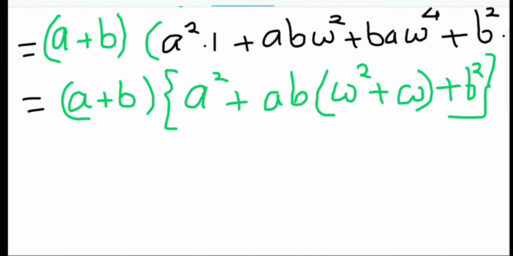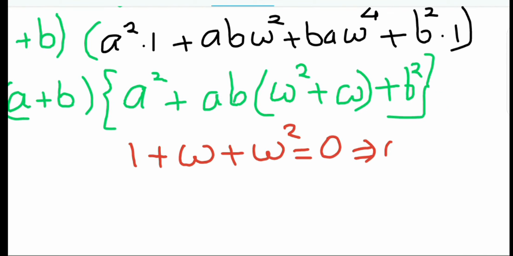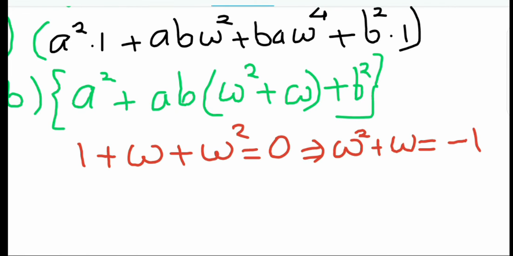Now lastly, we know that 1 plus omega plus omega square equal to 0. That gives us omega square plus omega equal to minus 1.